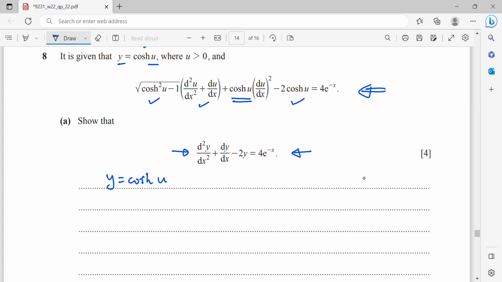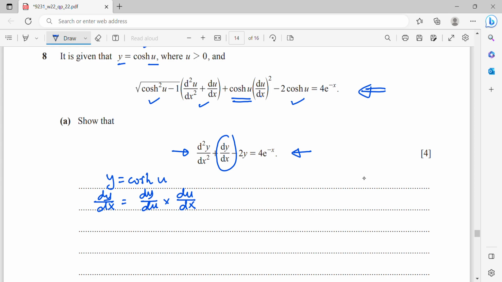Where y is in terms of u, we need to get dy over dx, which means we need to apply the chain rule. So dy over dx will be dy over du times du over dx.